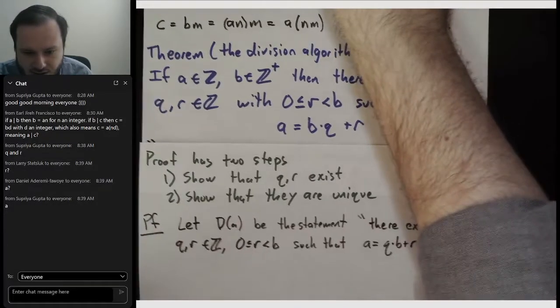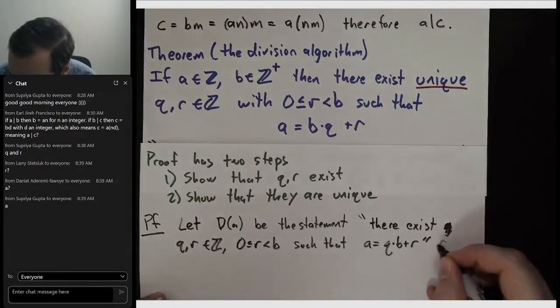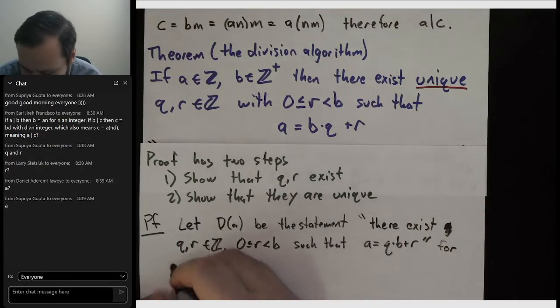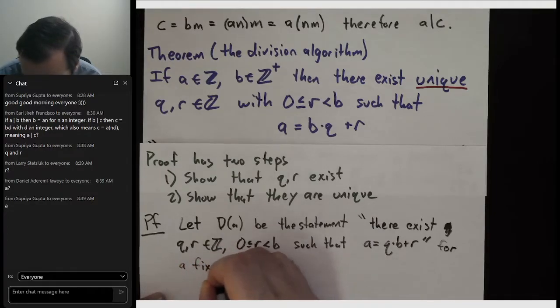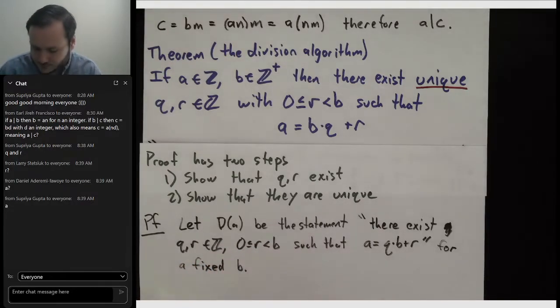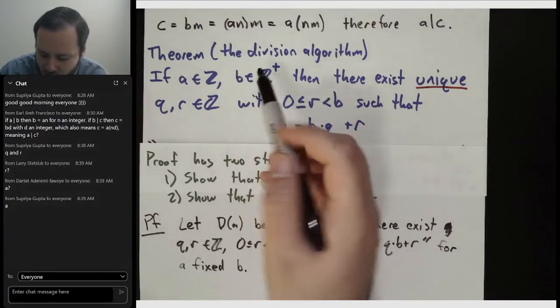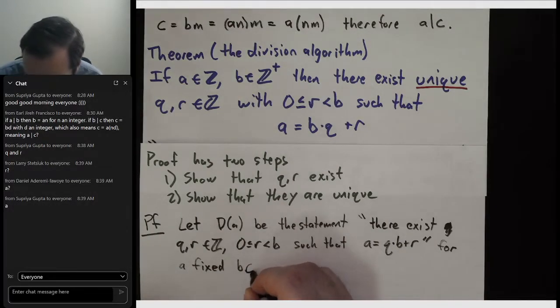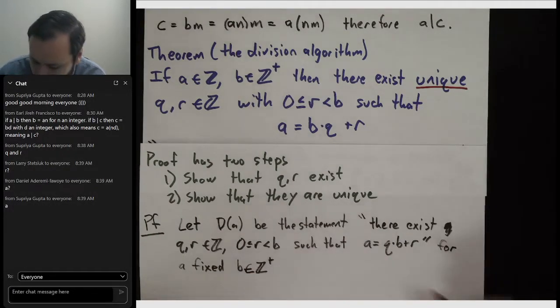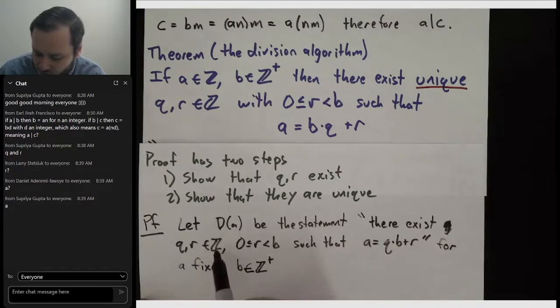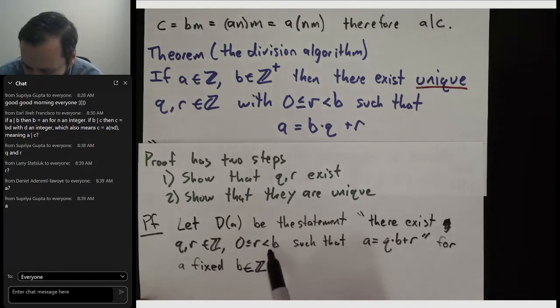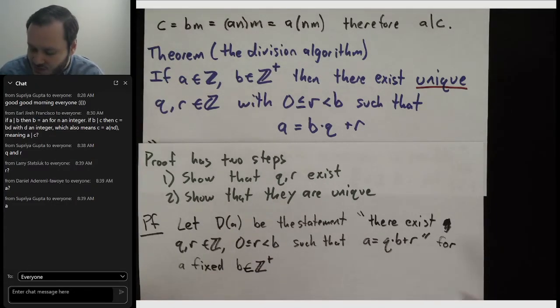So I should mention that this should be true for any B, or for a fixed B. So I'm fixing a B. I'm doing induction on A. This will be any positive B, maybe I'll even say, for a fixed positive B, let D of A be the statement: there exists Q and R in the integers, R is of the appropriate size, such that this statement is true.